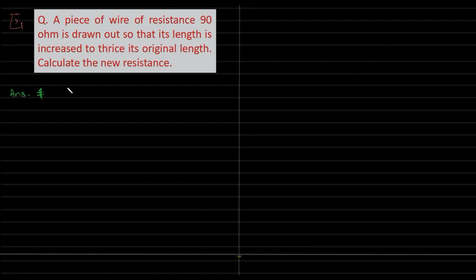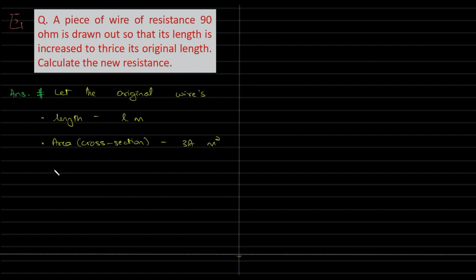So we will begin with, let the original wire's length be L meter. Then area of cross section be 3A meter square.